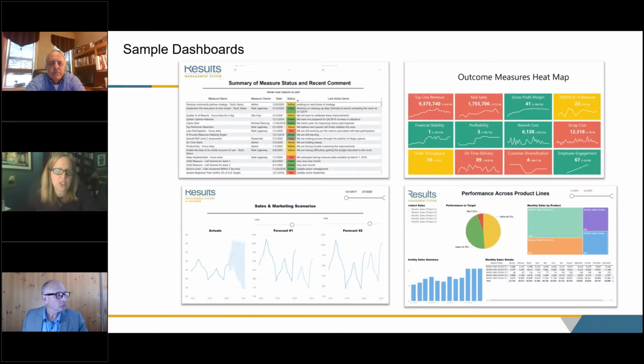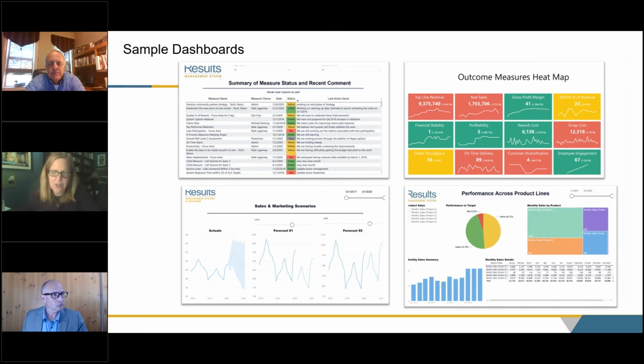And then some additional ones using dashboards to understand progress and action items, doing some forecasting, developing a high-level heat map so you get a quick snapshot, and comparing performance. You can do it against product lines, across teams, shifts, anything of that nature, different geographical areas. So all different opportunities for you to create visualizations.